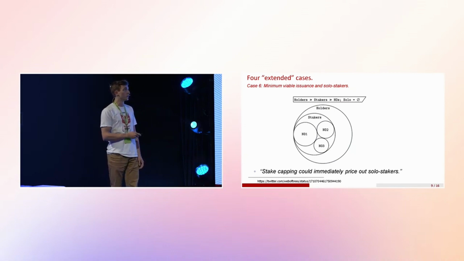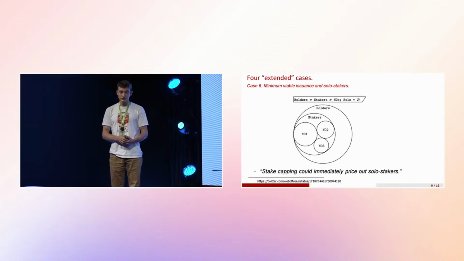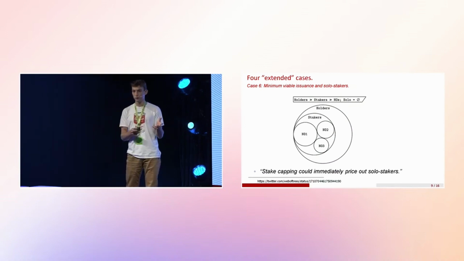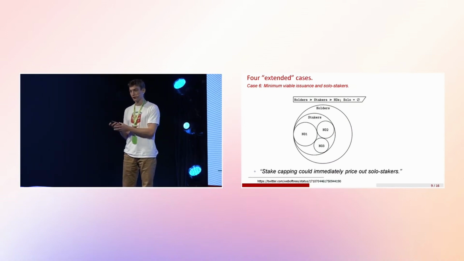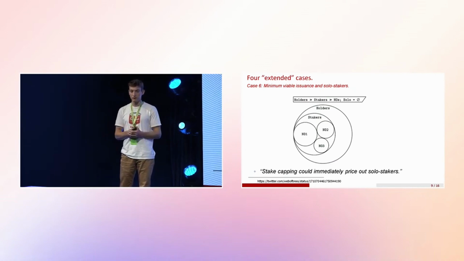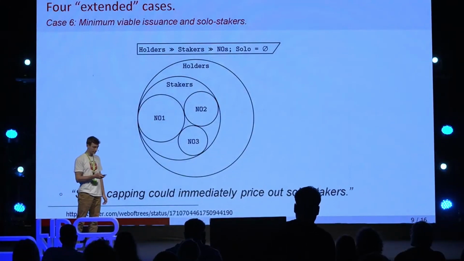But there could be a world where the stakers are composed of different node operators, but solo stakers basically can't compete. This could be because the economies of scale of joining a staking pool are so much higher than running a solo validator, or because the hardware requirements of keeping up with the extra work that a validator might need to do in a restaking protocol are simply unattainable for solo stakers.